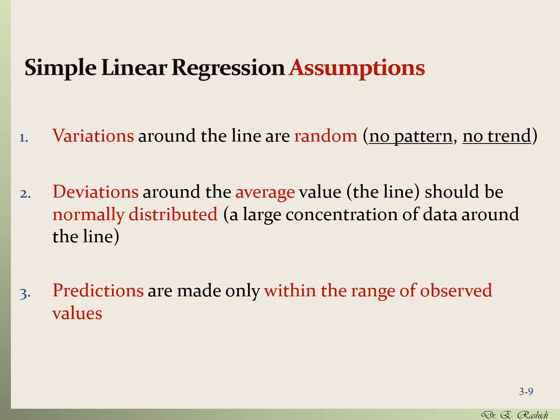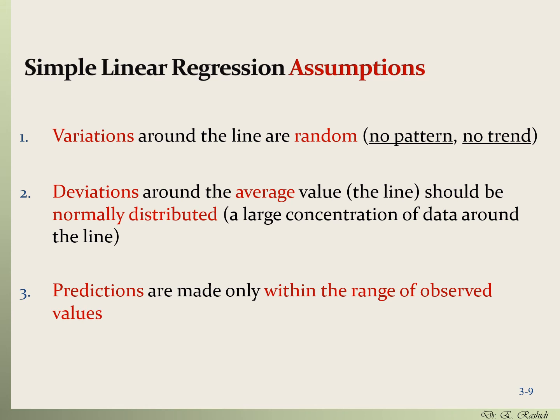That means there shouldn't be any trends or patterns within those data points. If you see any pattern for your data points around the regression line, that's not a good indication. That's actually a violation of these assumptions.